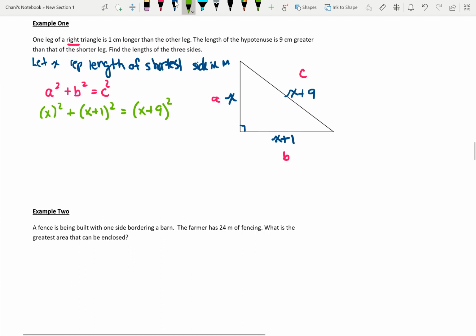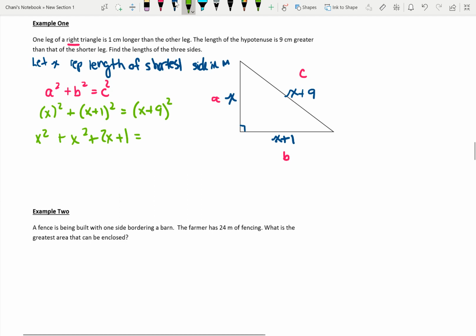Now the danger here, this is just x squared. The danger with expanding this binomial and squaring it is that so many students write x squared plus 1. But that is not correct, okay? Remember, you have to square the entire bracket or use your knowledge of special products. So this is actually x squared plus 2x plus 1.